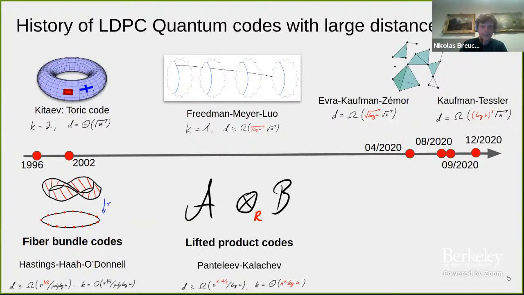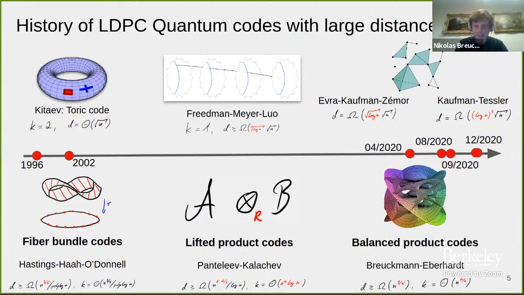Then again, shortly after, Panteleev and Kalachev introduced a different but related construction. And they showed that actually they can get as close as they want to linearly scaling distance, so only up to a log factor. And then finally, like a week later, myself and my co-author, we showed that there is a third construction.